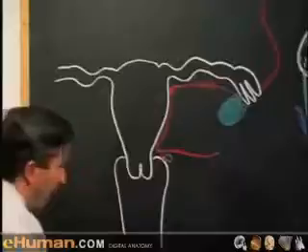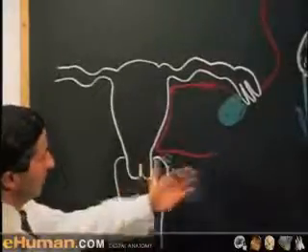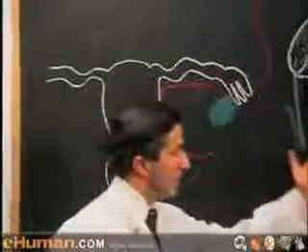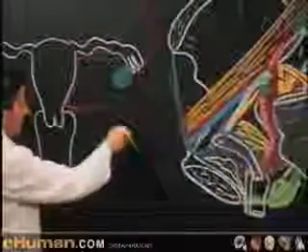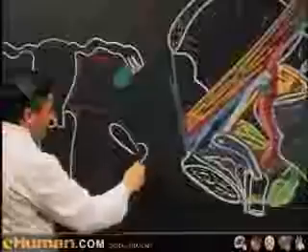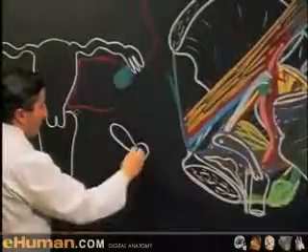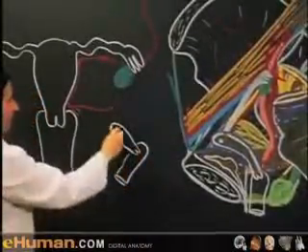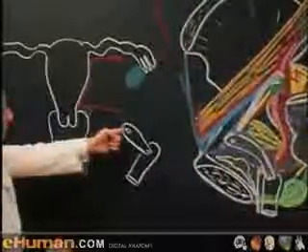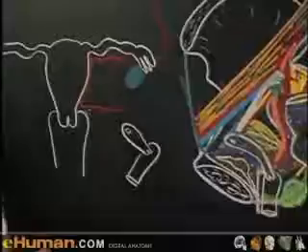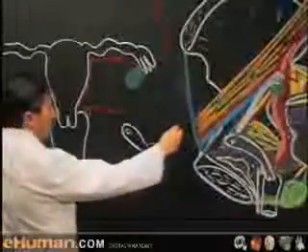Now if we look at a sagittal section through the uterus in this manner, we can see the uterus projecting into the vagina, as I've explained before, and we have the uterine tube extending laterally, as I've shown in this drawing. Now let us just see the peritoneum.